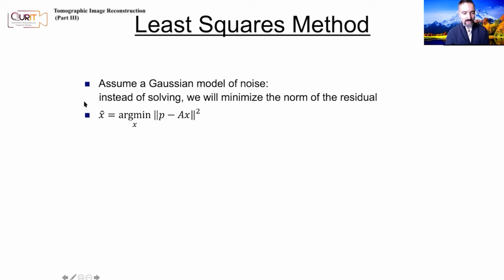So when you're asking the question like this, you're saying, what is that image X whose forward projection AX is close to my measured data as much as possible, and maximizing the Gaussian likelihood of me having obtained this kind of a data set. Okay, so you're minimizing that.